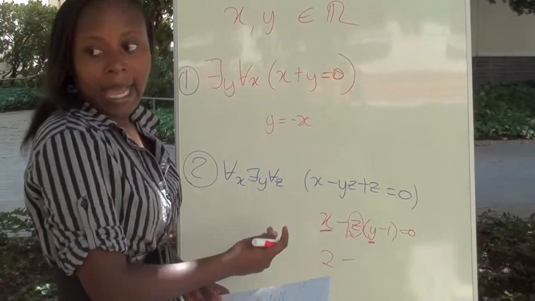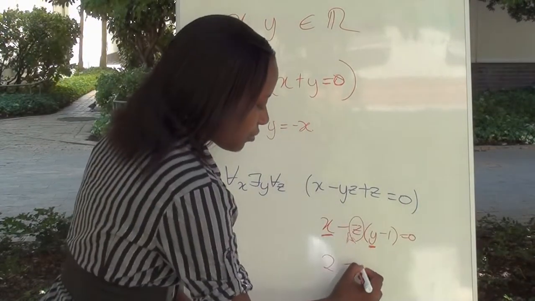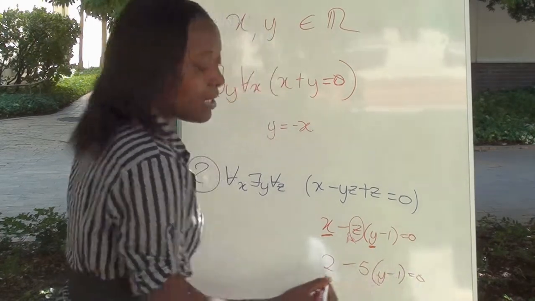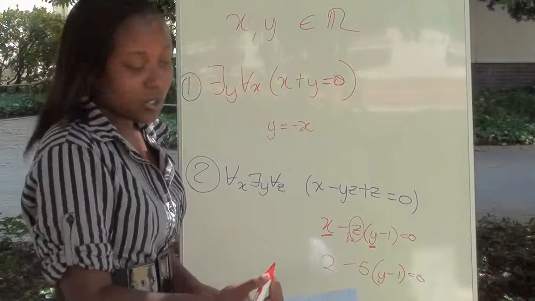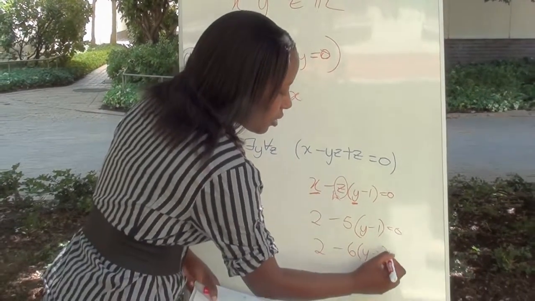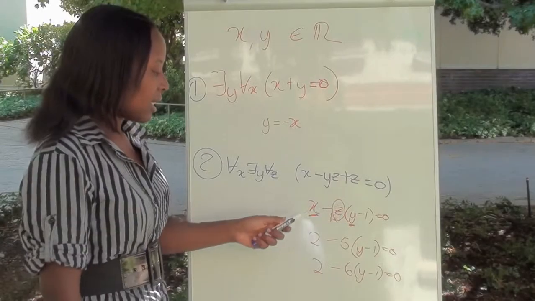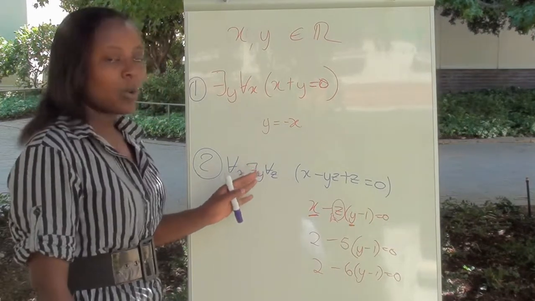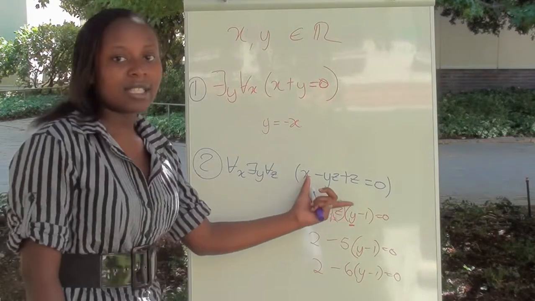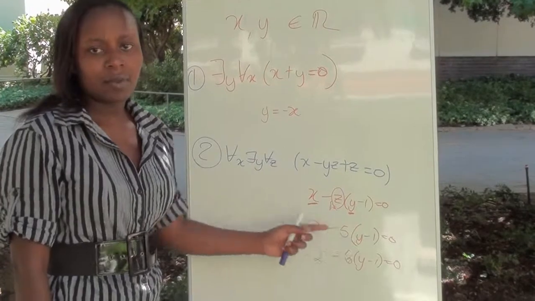Right? And I'll choose z to be 5. There should be a y that satisfies that. But suppose I choose the same 2, I choose 6 there. I still want that to hold. Which means we are saying that there is a specific y that exists such that for any z that I choose, this statement should hold. And already we can see from this example that we have here, that can never be true.